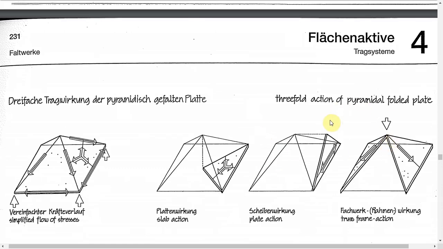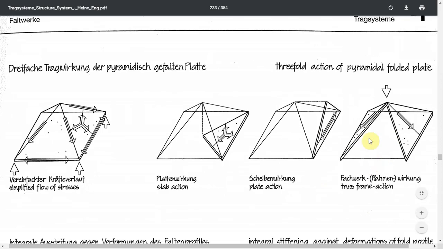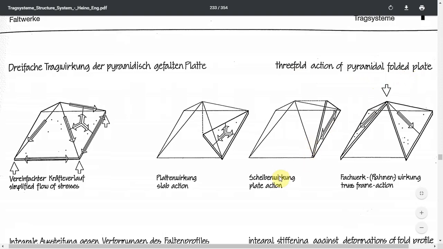What is the basic solid form with the least number of surfaces? That is the tetrahedron. And after the tetrahedron, it is the square base pyramid. Here is the example of a square base pyramid. The three-fold action of the pyramidal folded plates is shown here.